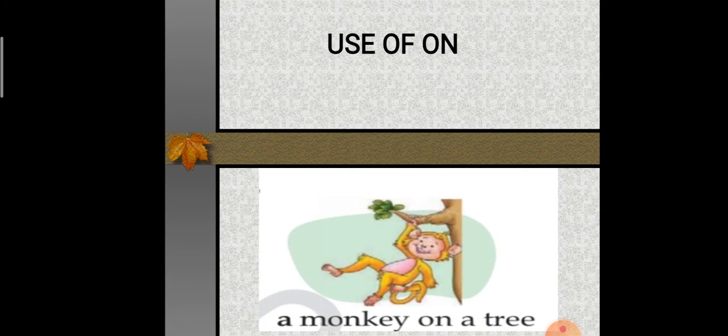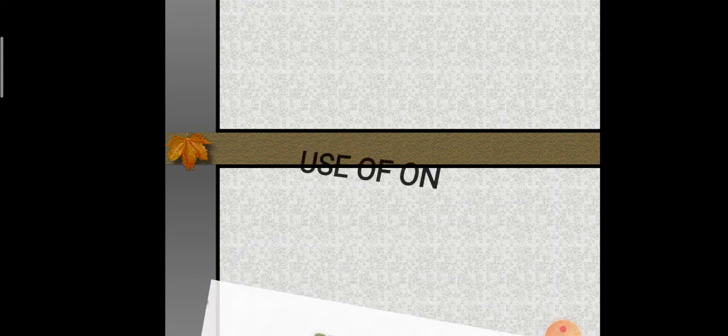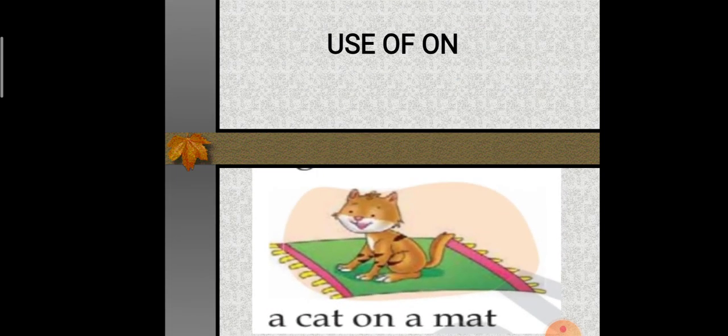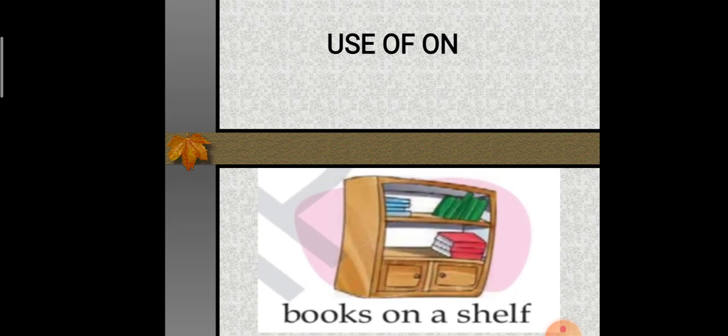A monkey on a tree. The monkey is hanging on a tree. A cat on a mat. Where the cat is sitting? On a mat. Books on a shelf. Where we keep our books? On a shelf.